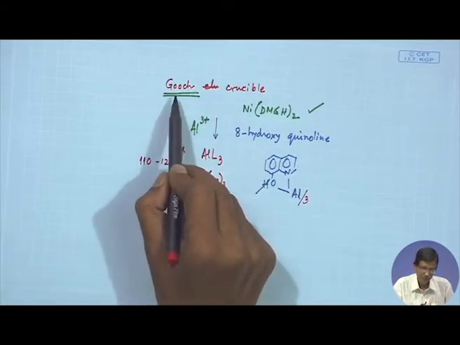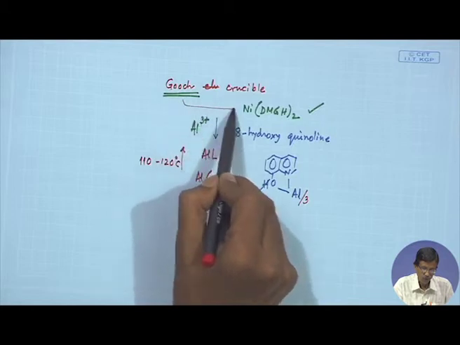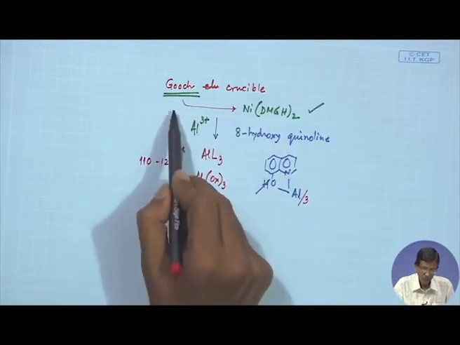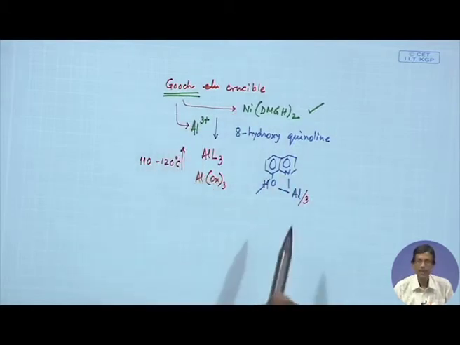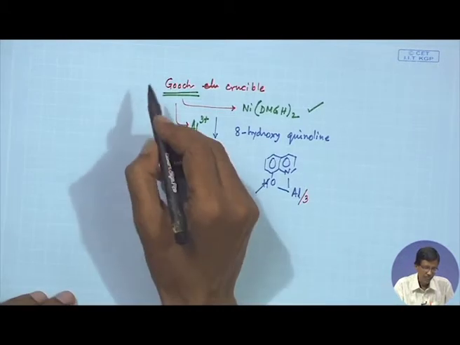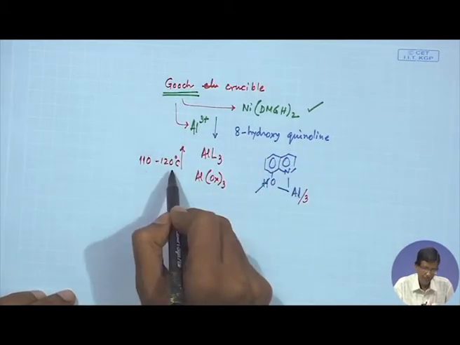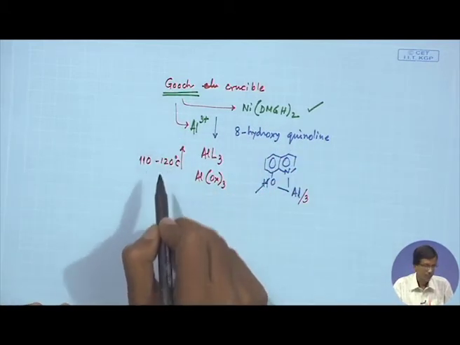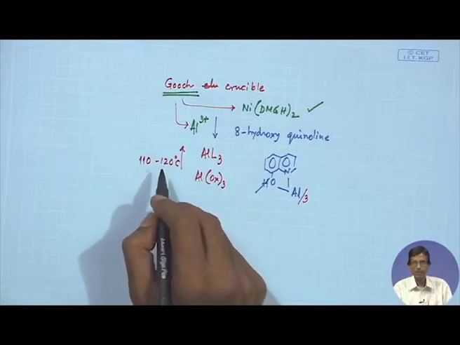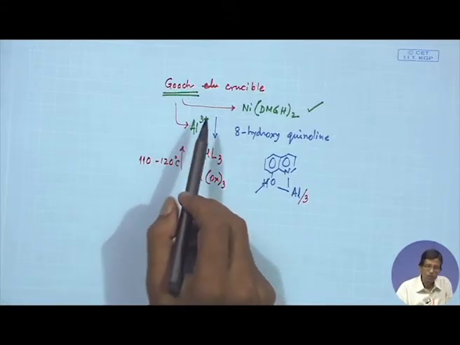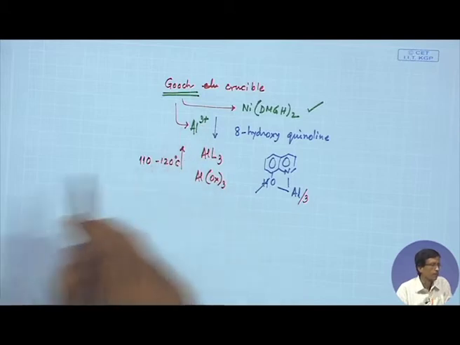You get two examples of the use of the Gooch crucible for gravimetry, for aluminum estimation and for nickel estimation. This is the normal procedure because you are only drying at 110 to 120 degrees, and that is not ignition gravimetry, or the use of a crucible for ignition purposes.